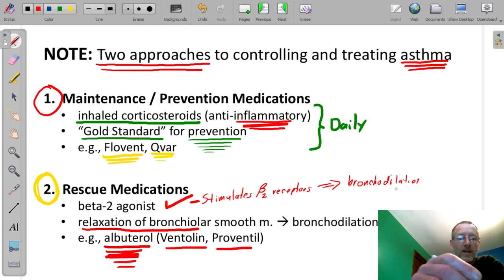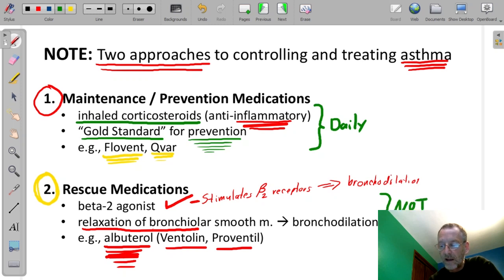Ideally, these are not taken daily. So if a patient is relying on albuterol all the time, what that should tell you is that they're not controlling the asthma.